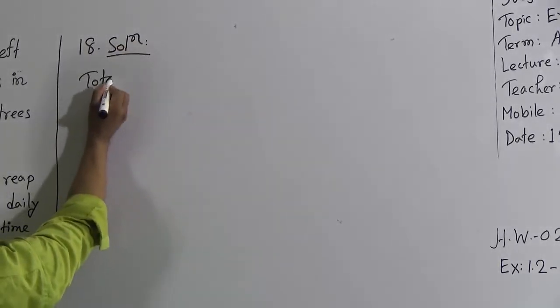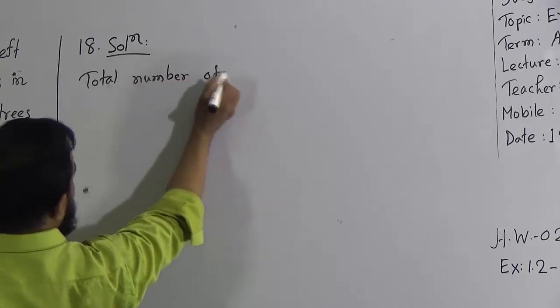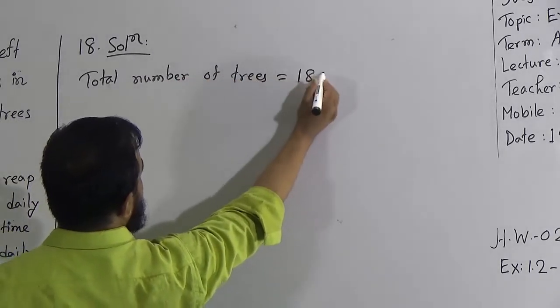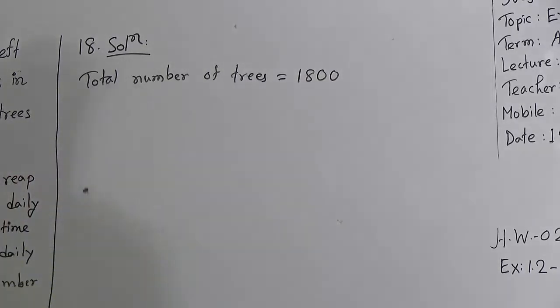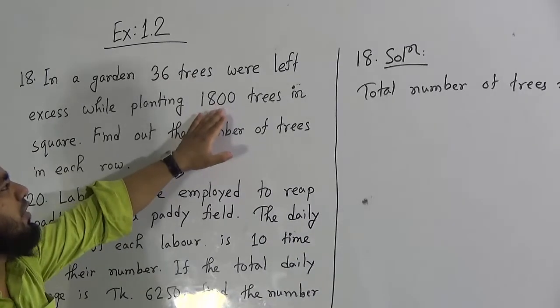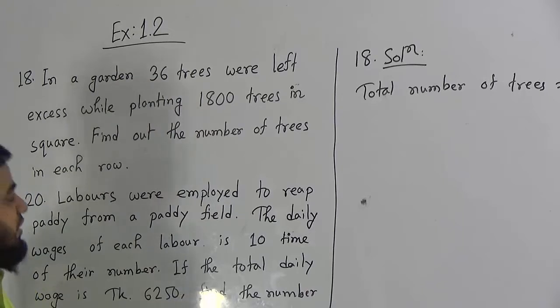Total number of trees is equal to 1,800. And how many trees are remaining here? The excess trees is 36. If we plant this number of trees in a square form, then we have 36 trees remaining. Okay.